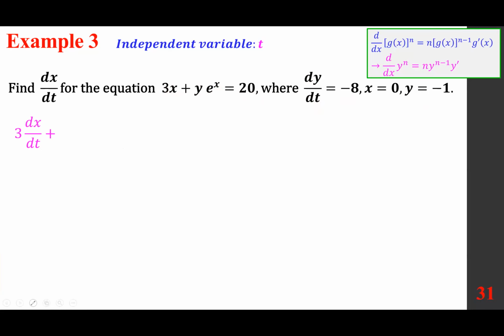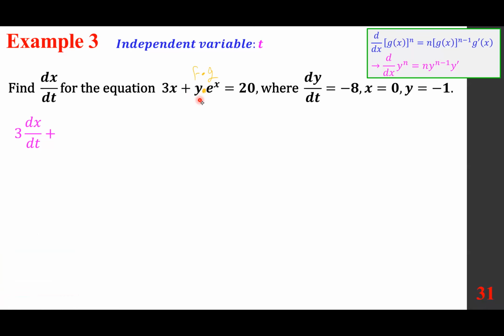Y e to the power of x. Let me put a raised dot in between, making sure everybody recognizes this uses the product rule. Y, you don't want to write y prime.